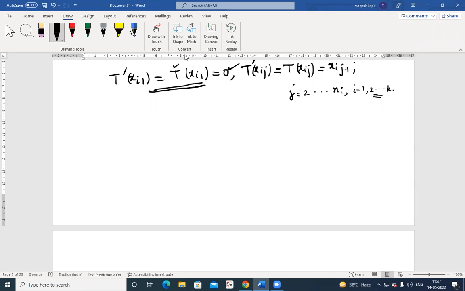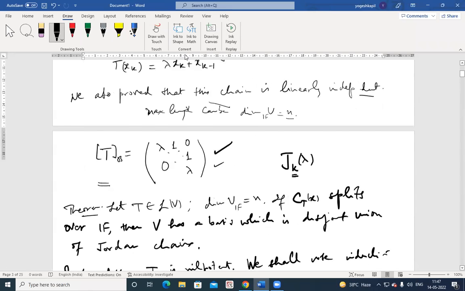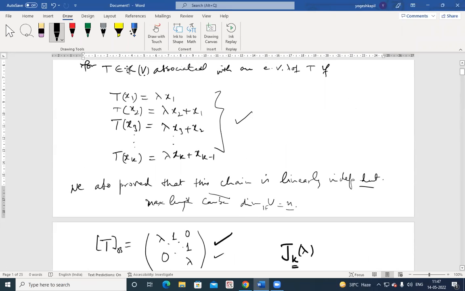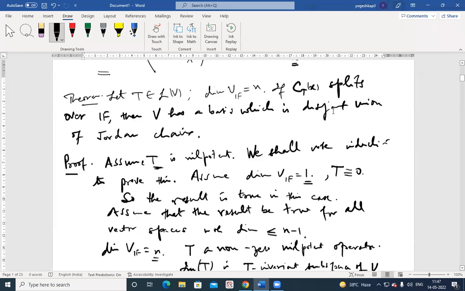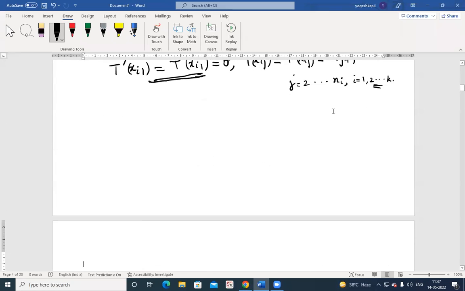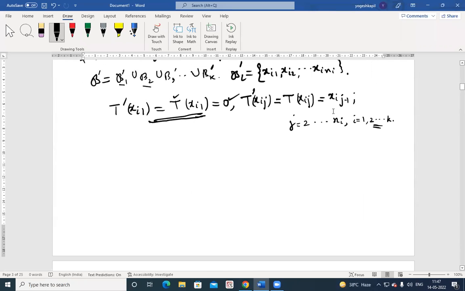These are Jordan chains, and this is what the Jordan chain means. In the case of nilpotent, lambda is 0. So the first element in each Bi here is none other than a part of the kernel of T.